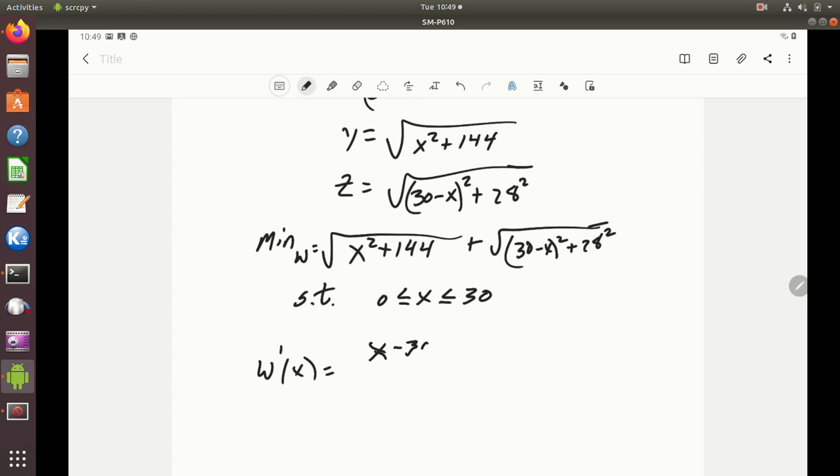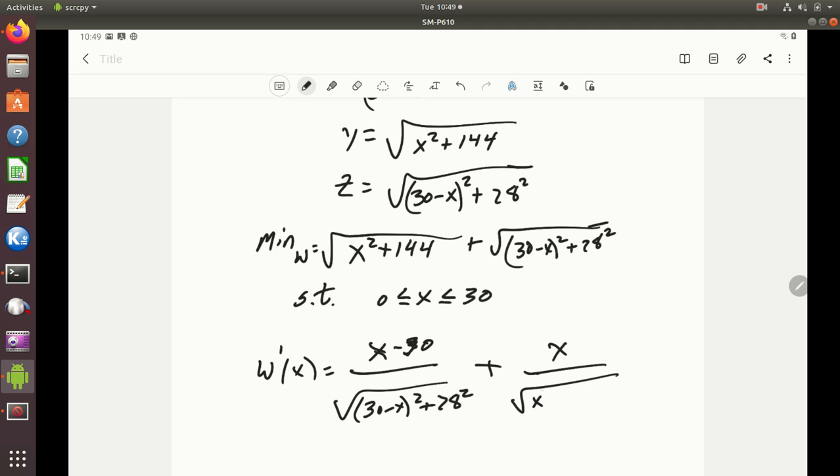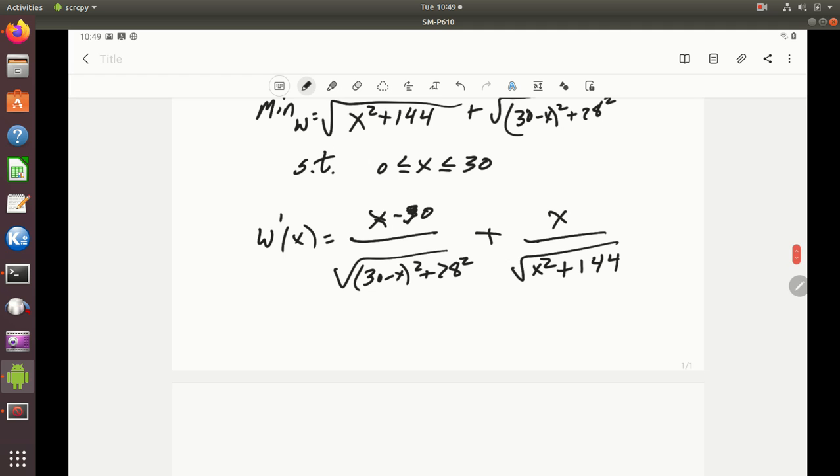X minus 30 over the square root of our 30 minus x, quantity squared, plus 28 squared, and then plus x over the square root of x squared plus 12 squared, or 144. Okay, so there's my W prime, and I can say here, by Sage.